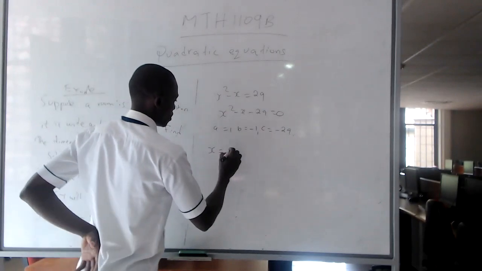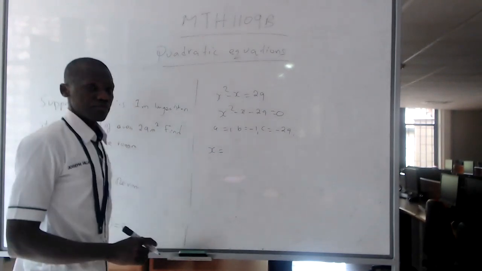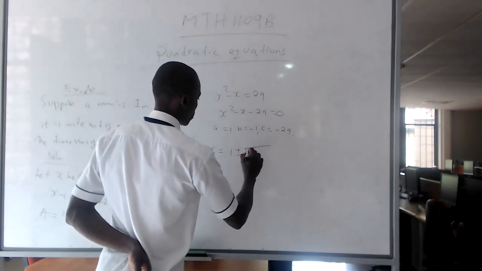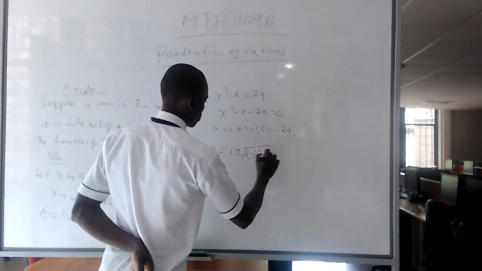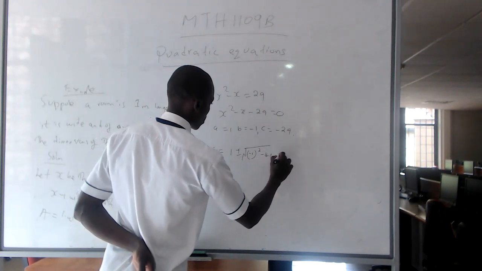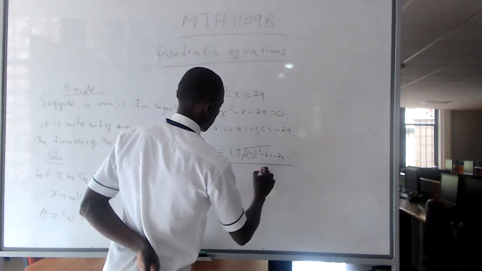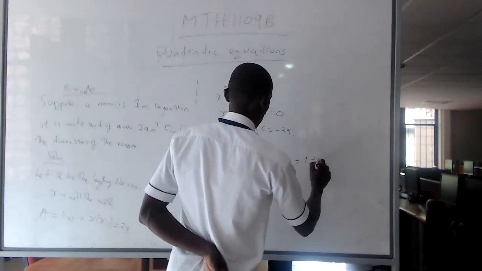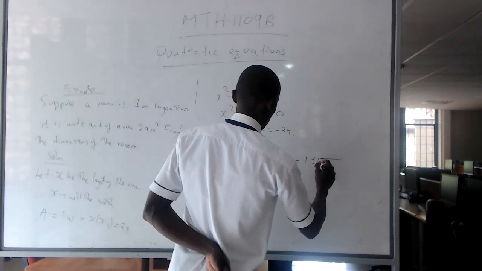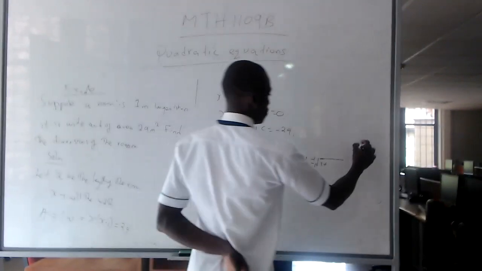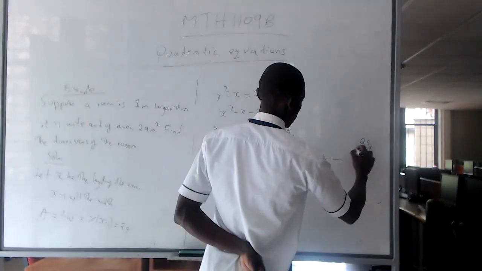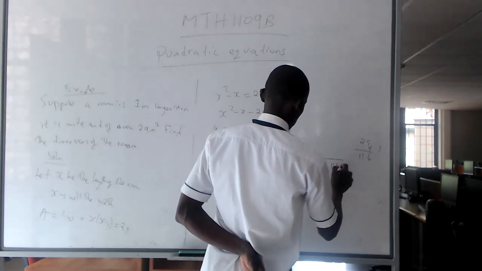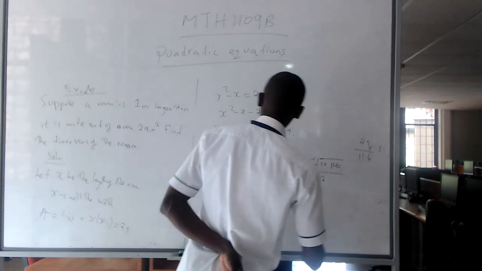Therefore, using the formula, x is 1 plus or minus the square root of minus 1 squared minus 4 times 1 times minus 29, divided by 2, which gives me 1 plus or minus the square root of 1 plus 116, divided by 2.